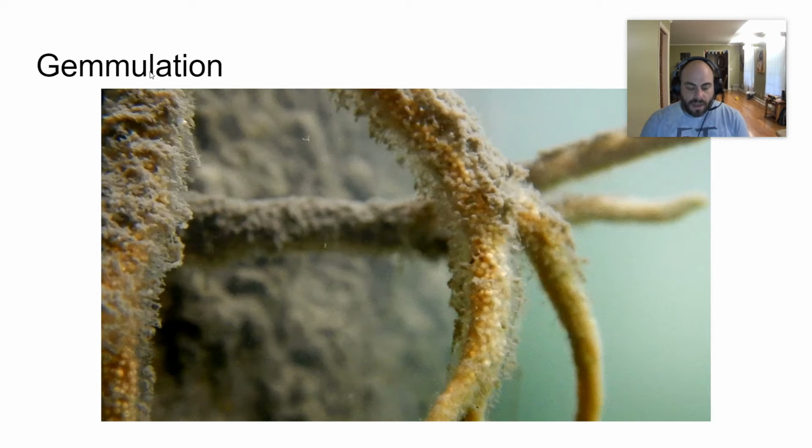Another type of asexual reproduction is called gemmulation. You see this with several species, particularly sponges, and gemmulation is the formation of a new individual from an aggregate of cells.